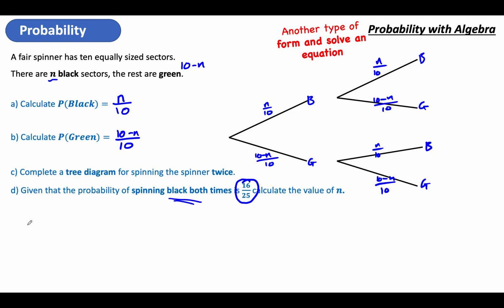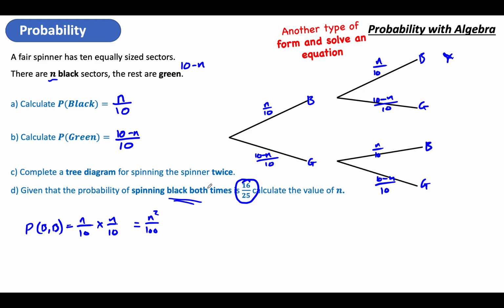So let's work out the probability of black and then black. Well, that would be this top journey up here, wouldn't it? Black and then black. Remember, when we've got independent events like this, if I want one event and I want the other event, then I multiply them. So multiplying 2 fractions, you multiply the tops, you multiply the bottoms. n squared over 100.